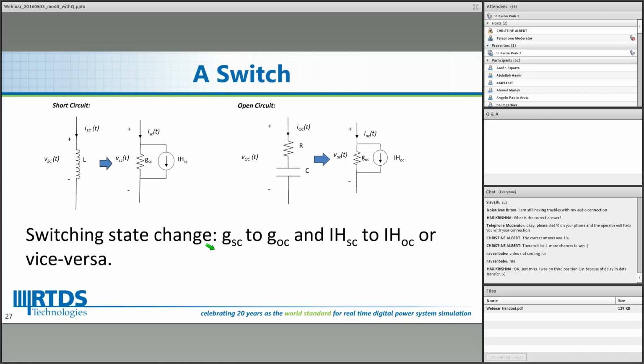The on state of the switch can be represented by the inductance, or the small L. Then the off state of a switch can be represented by a small capacitance, or C. Intuitively, it makes sense because the on state is a short circuit, and we can consider the inductor as a short circuit. Then the off state is an open circuit, and we can consider the capacitor as an open circuit.